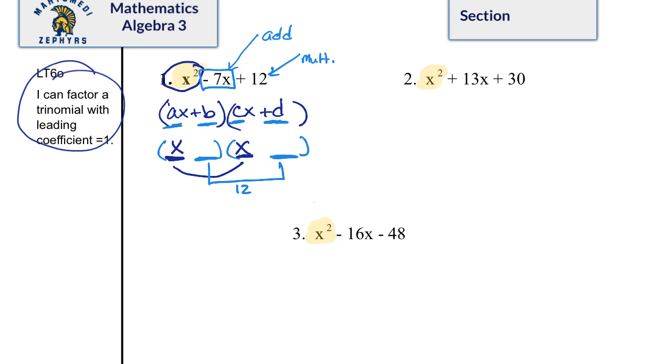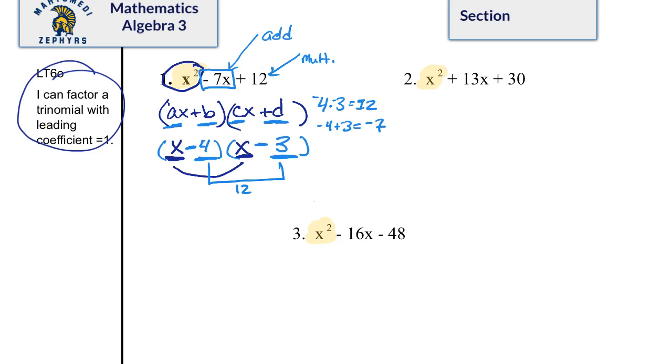Well, we can multiply -4 and -3 together to get +12, and we can add -4 and -3 together to get -7.